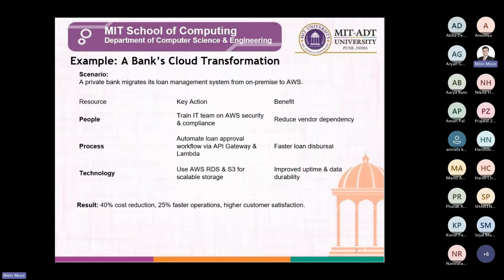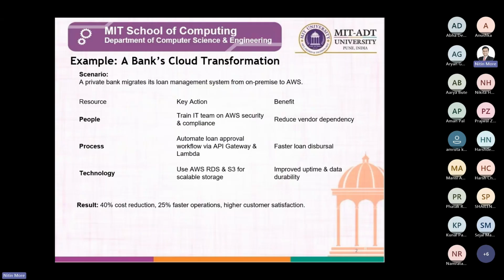Right? So if we take an example of a bank's cloud transformation scenario, say a private bank wants to migrate its loan management system process from on premise to, let's say, the AWS cloud.